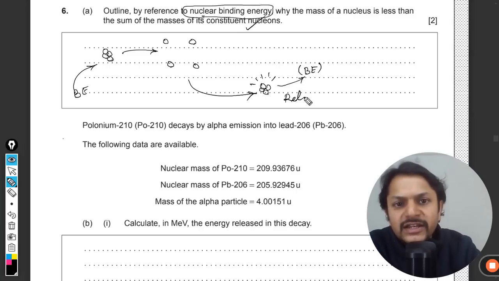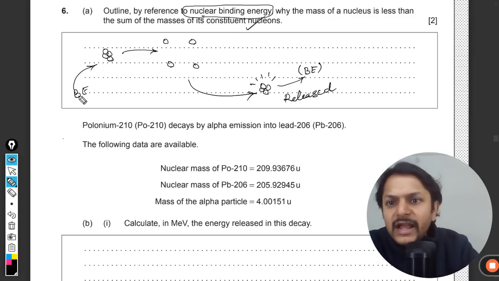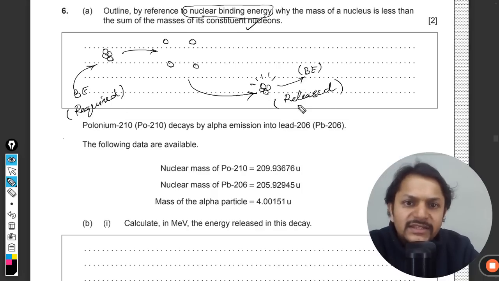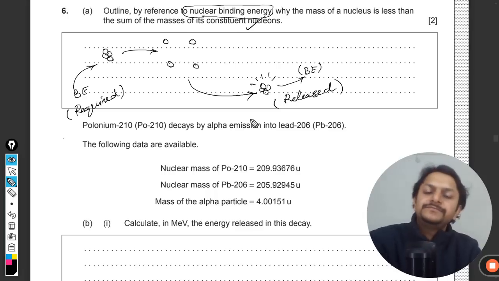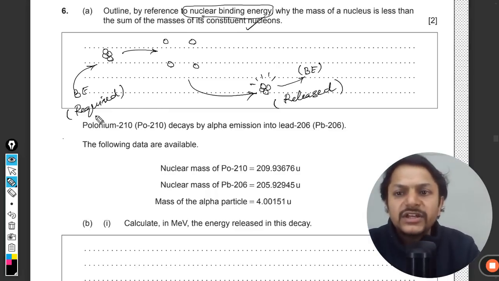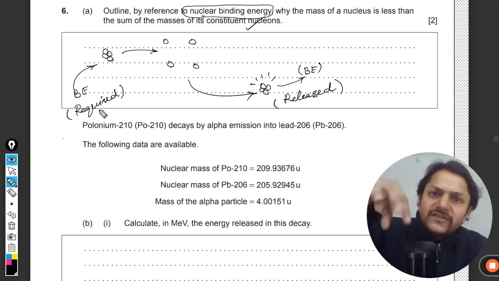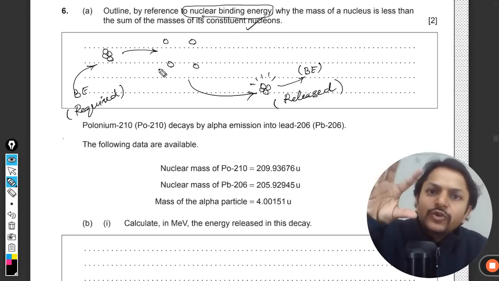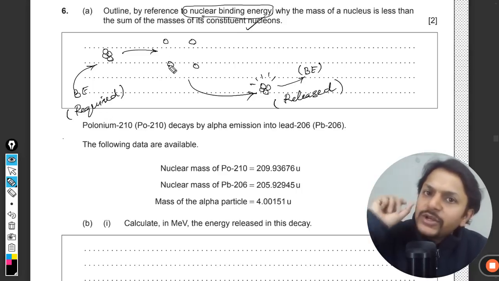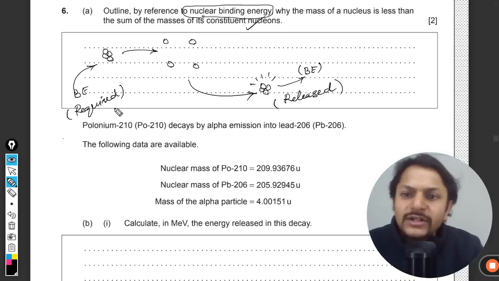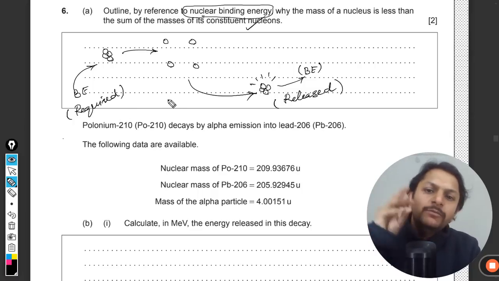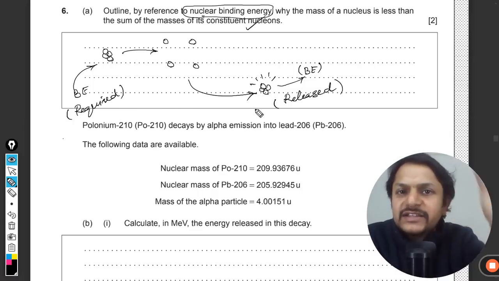So this is energy released, and this is energy required. The energy given to the nucleus so that it breaks down into the constituent nucleons is called binding energy. And when they come together, again some energy is released.